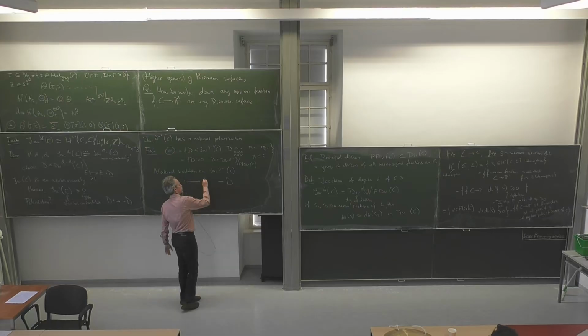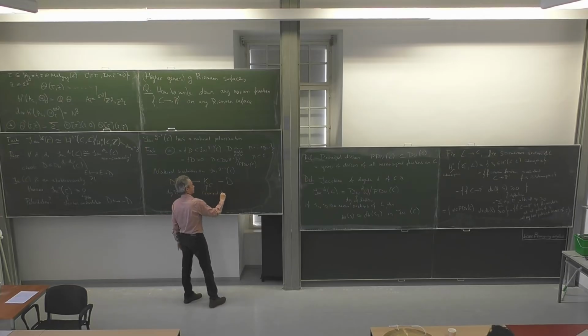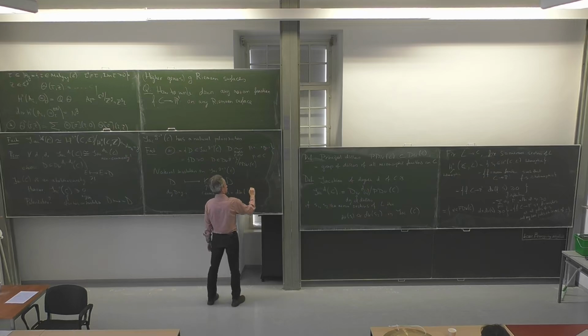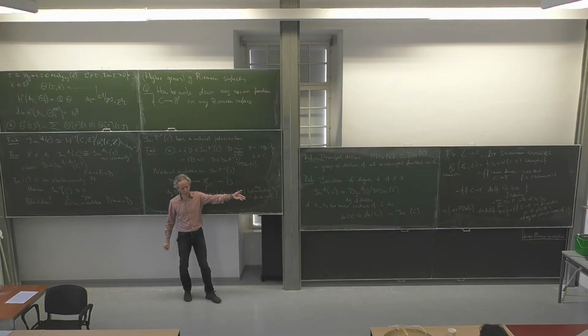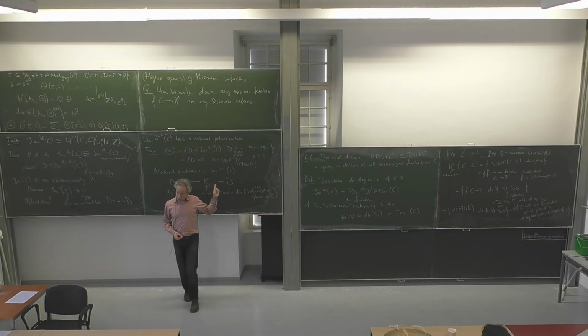So what I do is there is a canonical class. This is just the divisor of a holomorphic one-form. Any holomorphic one-form on C, because the holomorphic one-forms on C form a line bundle, so the divisors of any two will differ by a meromorphic function. This is a miraculous thing, right?